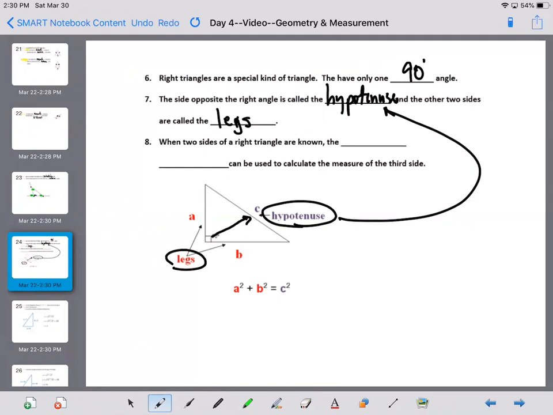And then when two sides of a right triangle are known, we can use the Pythagorean theorem to calculate the measure of the third side. So this is your Pythagorean theorem, a squared plus b squared equals c squared.